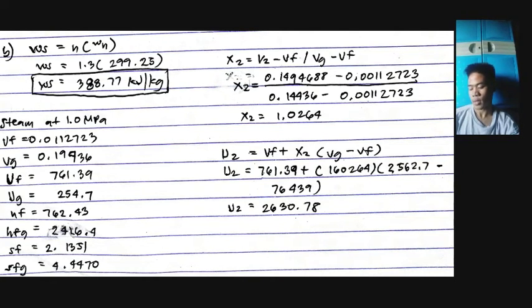So next, okay, in a steam at 1 megapascal, our given data is Vf equals 0.00112723, Vg equals 0.19436, Uf equals 761.39, Ug equals 2554.7, Hf equals 762.43, Hfg equals 2416.4, Sf equals 2.1351, and Sfg equals 4.4470.